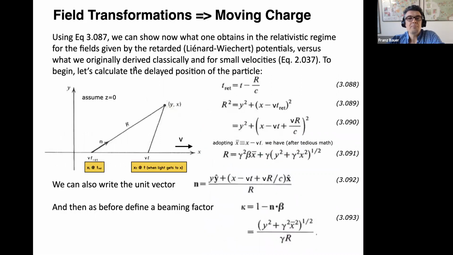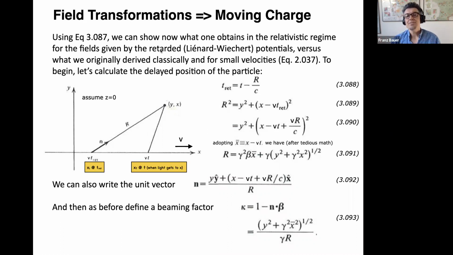With that, we can look at what happens with a charge that's moving. We initially calculated the Liénard-Wiechert potentials for this delayed or retarded time.